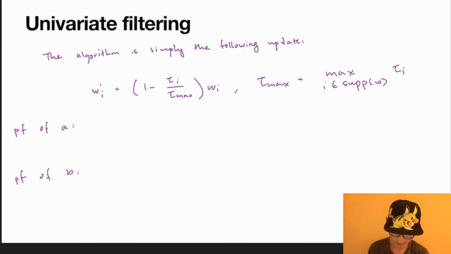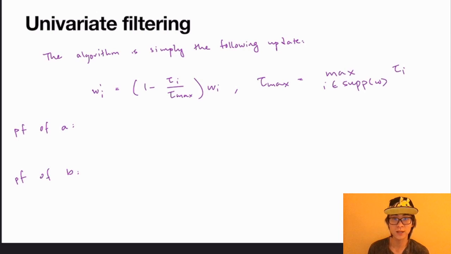So first of all, notice that certainly the wi primes are all non-negative and upper bounded by wi. To prove the containment of the supports, notice that first of all, the support of w prime is clearly contained in the support of w, just because if wi is 0, then wi prime is 0.